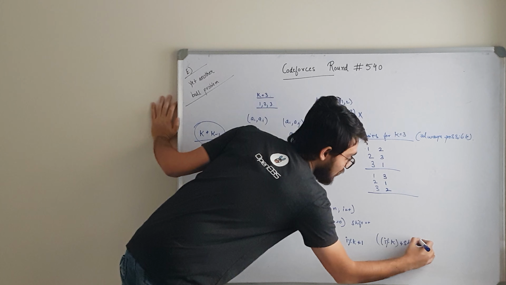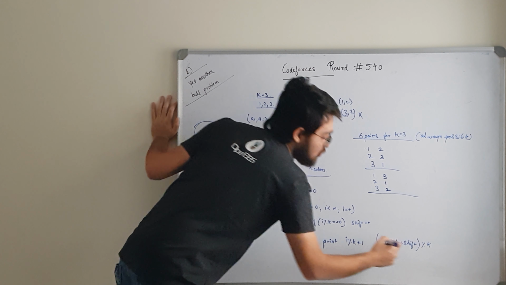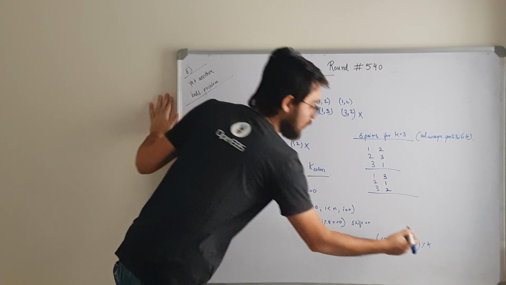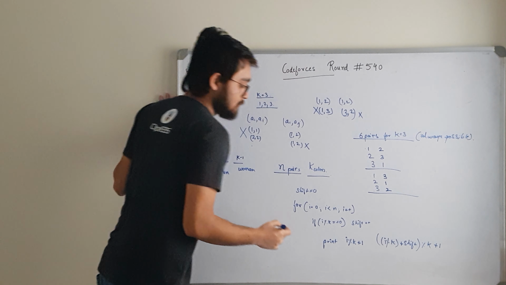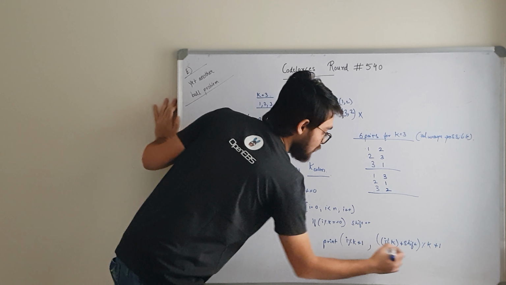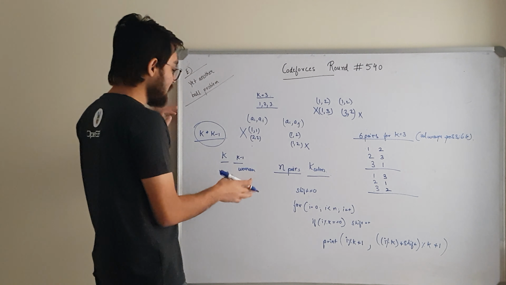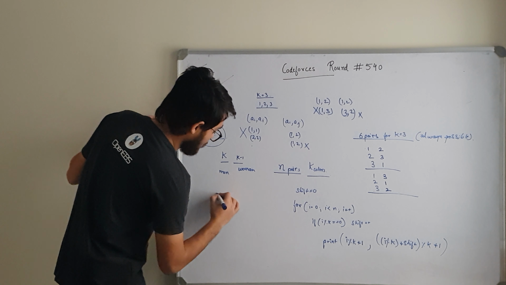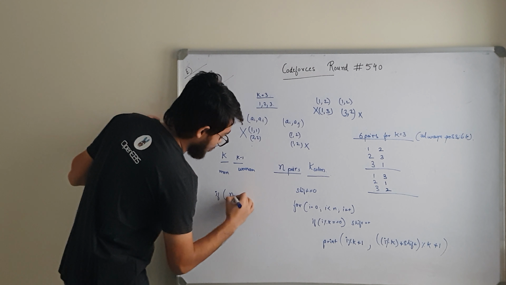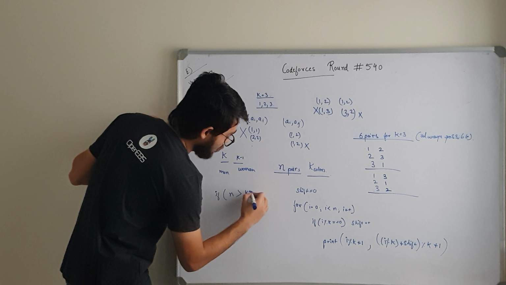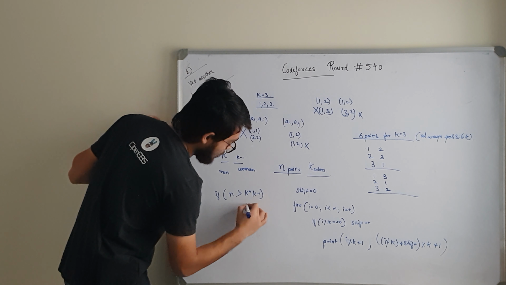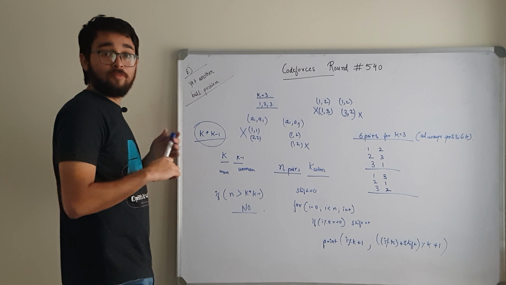Now this value can go beyond k, so you take modulo k, and then you add 1 to it. You need to print these two values for all n, if the answer is possible. Otherwise you can directly check if n is greater than k into k minus 1, then you simply say no, the answer is not possible.